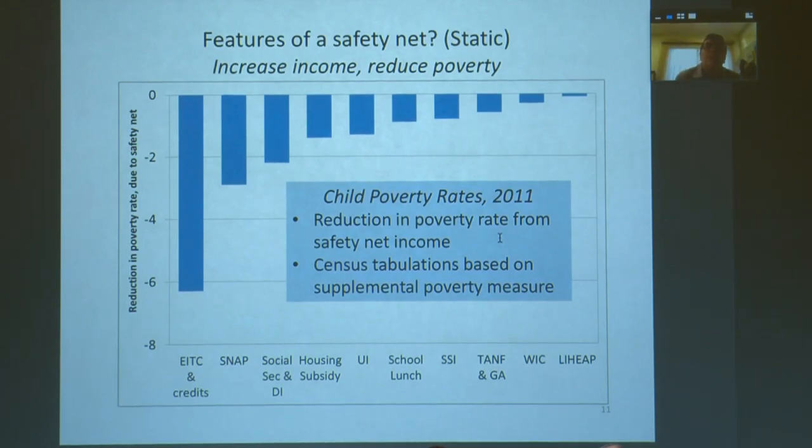Okay, so what you can see here is if you took families that are getting the EITC, as imputed by the Census Bureau, and you took it away, if you look at their poverty rate without the EITC and you add the EITC, the poverty rate goes down by 6 percentage points, okay? You see SNAP is doing a lot in this area, and then if you go over to the right, you can see that TANF is doing very little, okay?